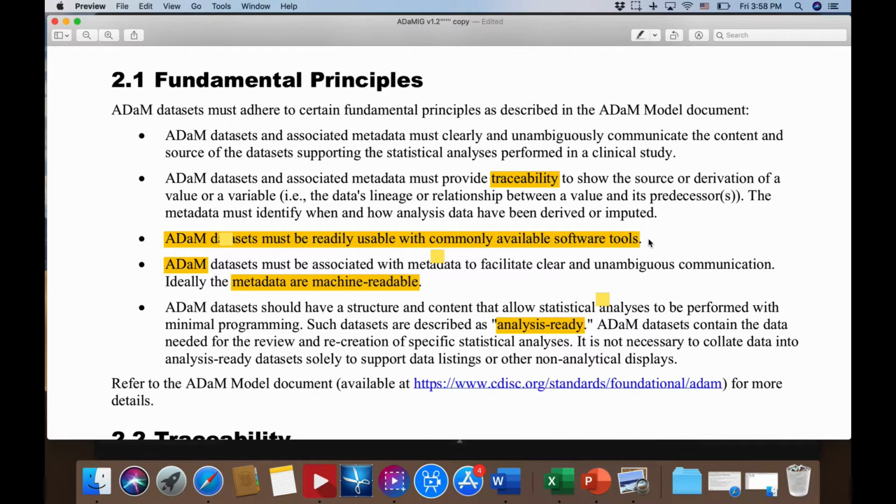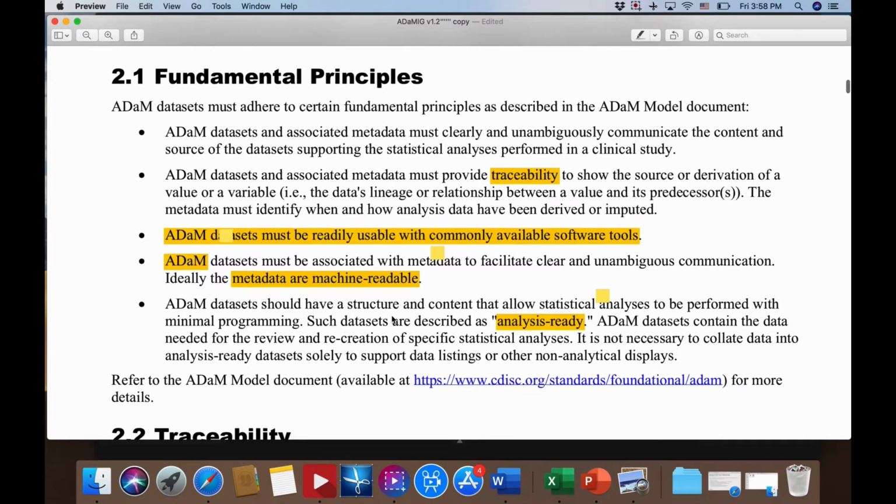FDA may use JMP or other tools to use your dataset readily. And your dataset or metadata like Define.xml must be machine readable.